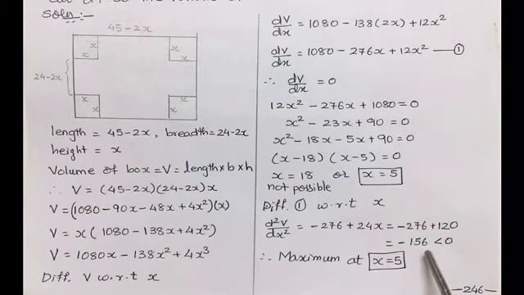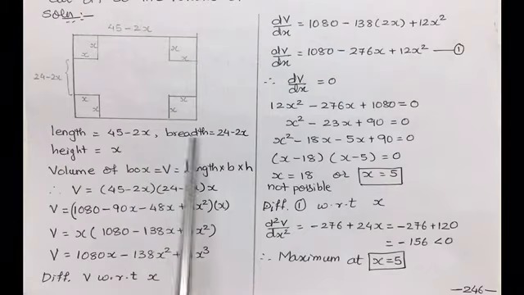As it is negative, it is less than 0, therefore it is maximum, and the maximum volume we get of the box is when the corners are cut off by 5 centimeter. So this is how 18th is solved.